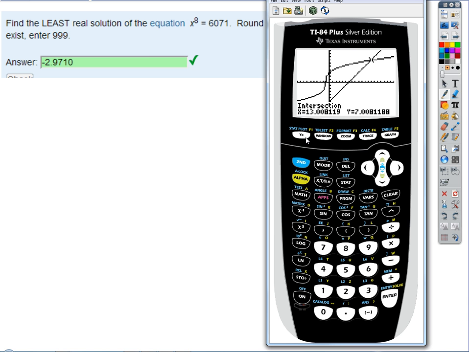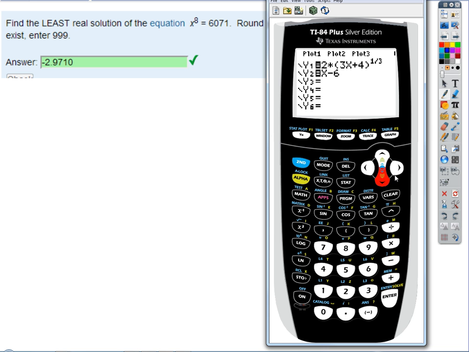If I just go y equals, clear this guy out of there, and I could graph the function x to the 8th. And then I want to set that equal to 6,071.